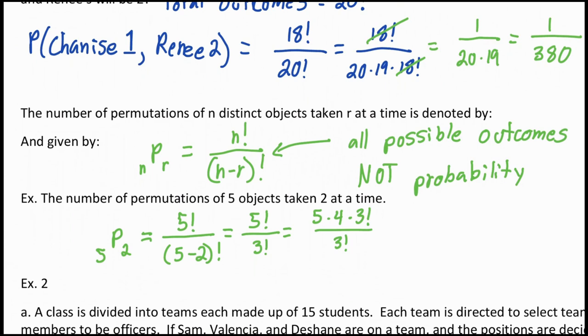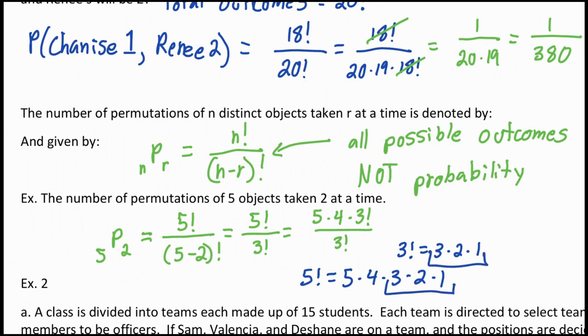So now what's going to happen? Because 5 factorial is, don't write this, 5 times 4 times 3 times 2 times 1, right? That is what 5 factorial is representing. 3 factorial is 3 times 2 times 1. So we see that these are the same things, right?